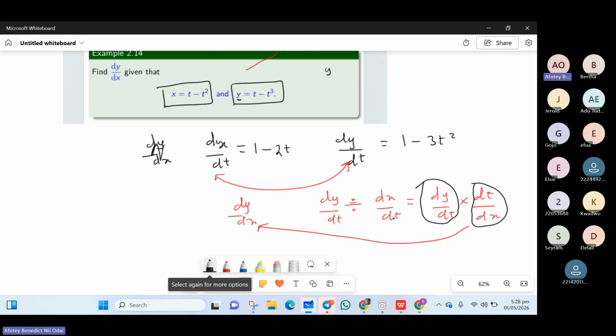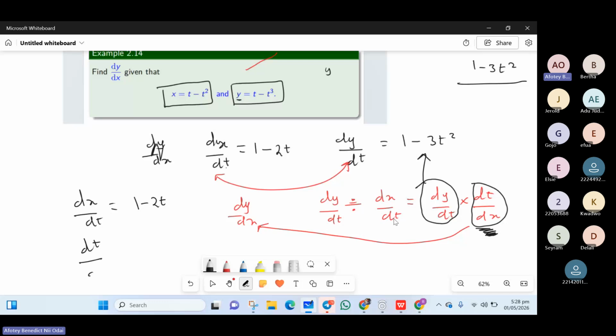Our dy on dt has been given to us directly in this equation. So we have 1 minus 3t squared. And our dt dx hasn't quite been given to us. We got the dx on dt is equal to 1 minus 2t. But we are looking for the dt on dx. So we reciprocate it and we get the dt on dx is equal to 1 on 1 minus 2t. Right?